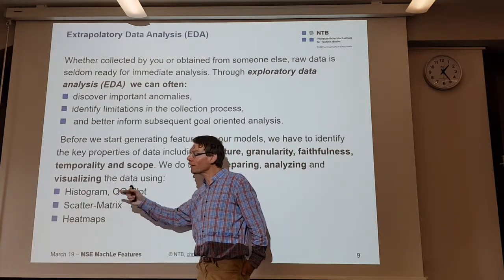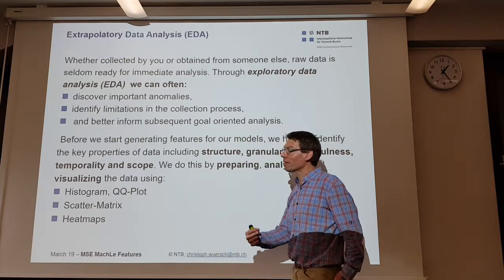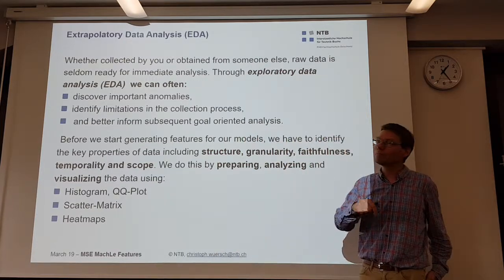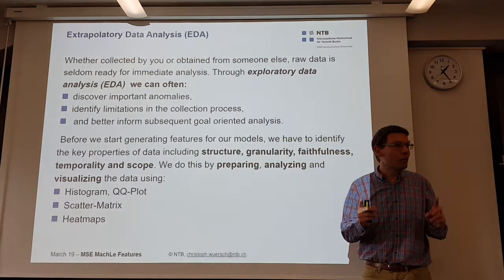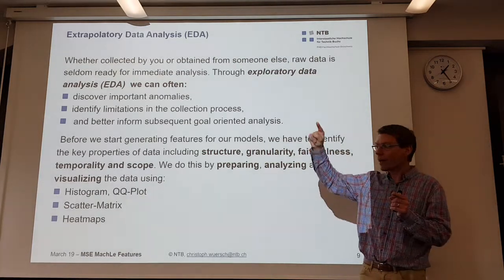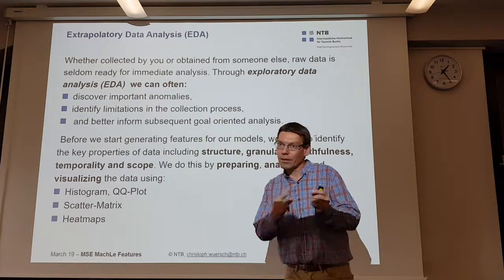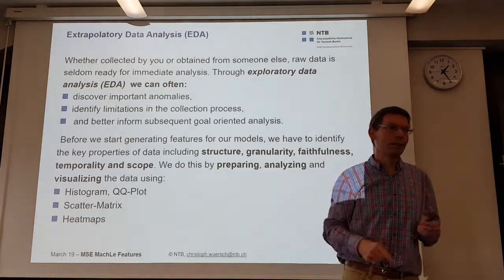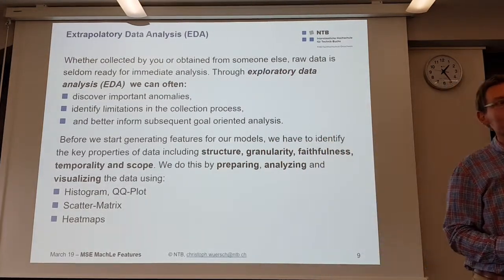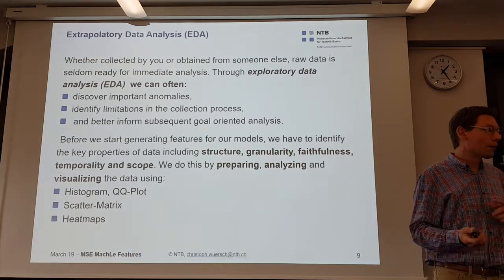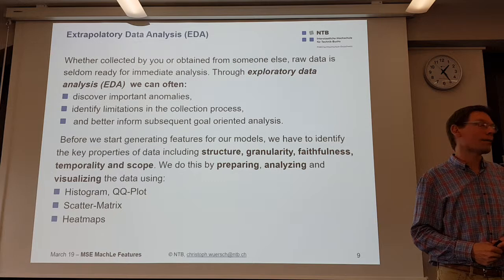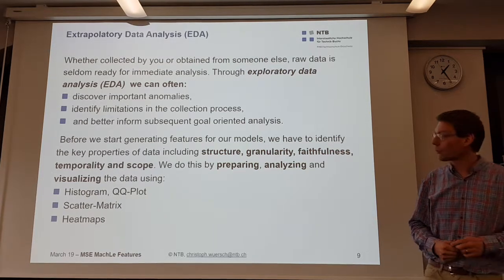You can put a reference distribution and check, is this also distributed like that? You would see a straight line if they are, and you would see steps in the QQ plot, so non-continuous forms of this graph, if the quantiles are differently distributed.